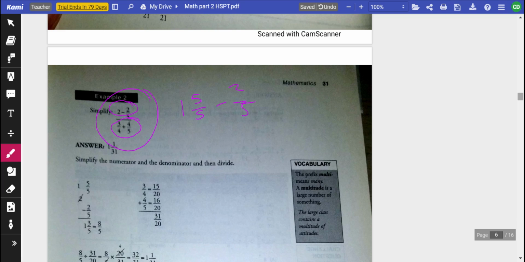I took $1, left it as a whole dollar because I don't need it. And I took my second dollar and I changed it into quarters, let's say, so I could do some math with it. So I do 5/5 minus 2/5, which leaves me with 3/5. And my 1 wasn't even involved in this. It was waiting until I was done with my math. So I end up with 1 3/5 left over.